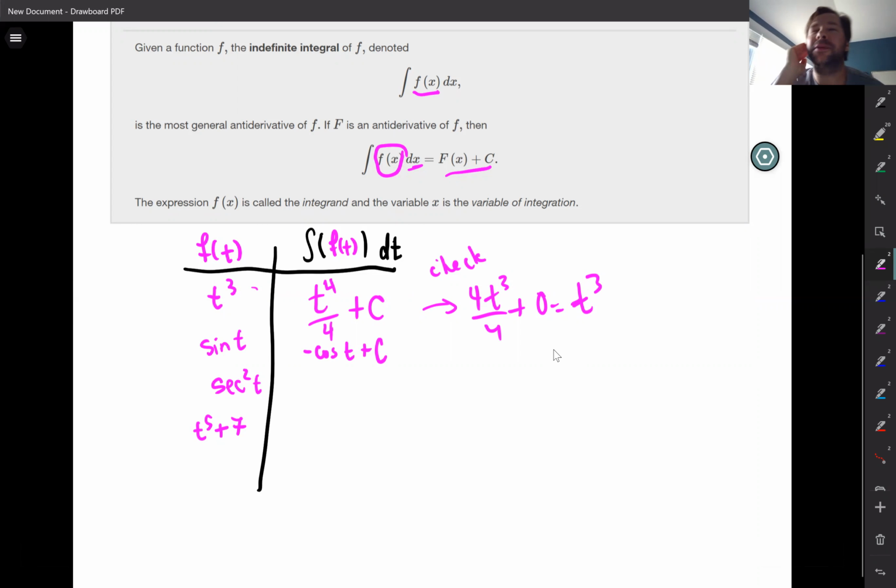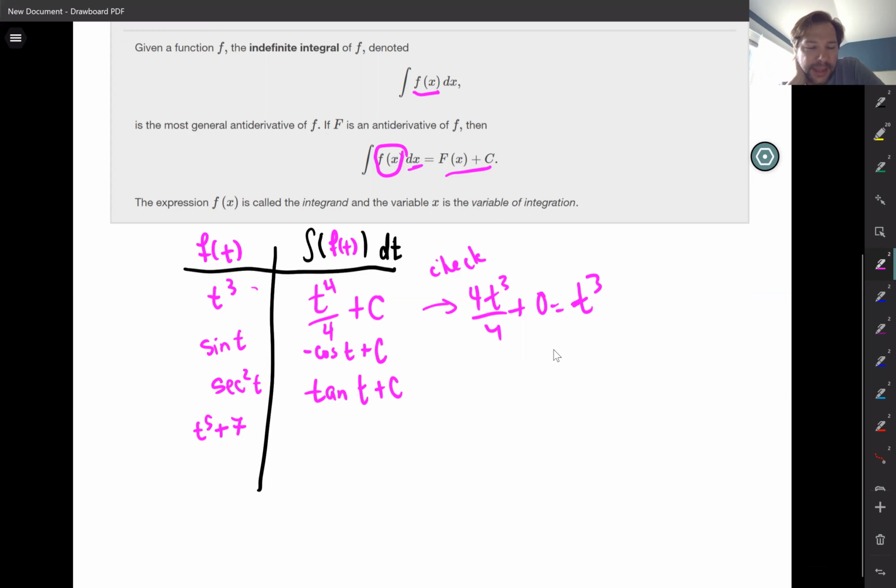What can you take the derivative of to get secant squared t? If you've memorized the table, you'd say it's tangent of t. If I take the derivative of tangent of t, you get secant squared t. If not, go back and review your trig derivatives, because we're just going in the opposite direction now.